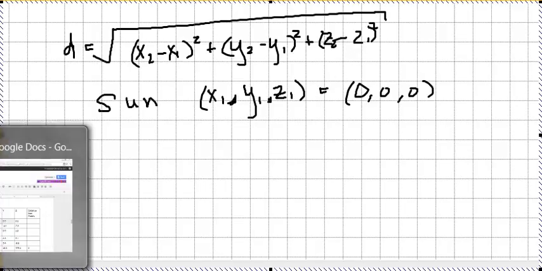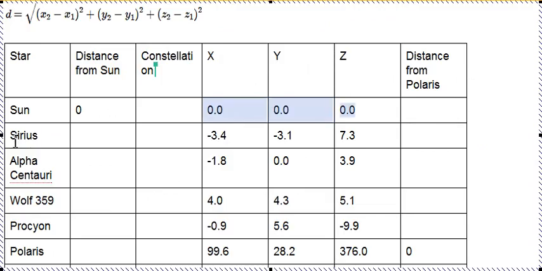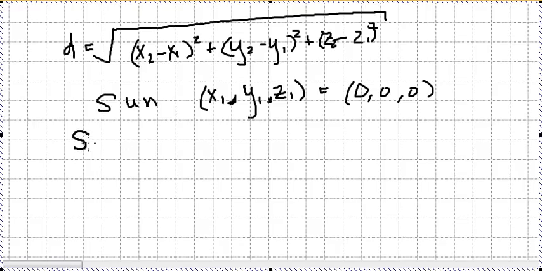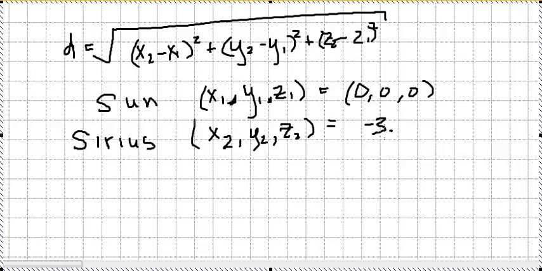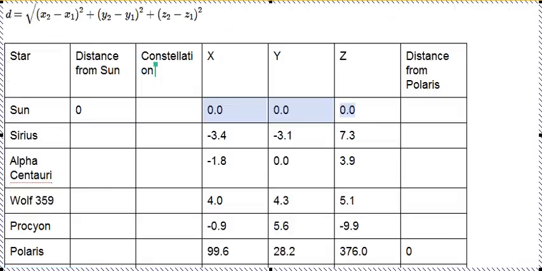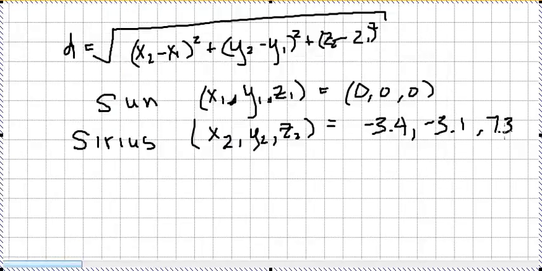Next, we're going to see a different point: Sirius. Sirius has coordinates negative 3.4, negative 3.1, and z is 7.3. So for Sirius, x2, y2, and z2 are negative 3.4, negative 3.1, and 7.3.